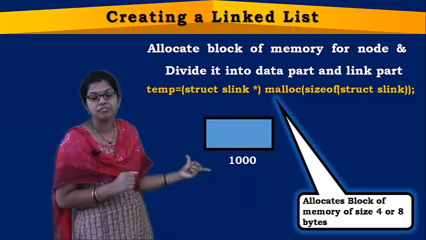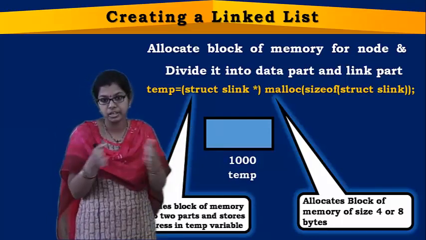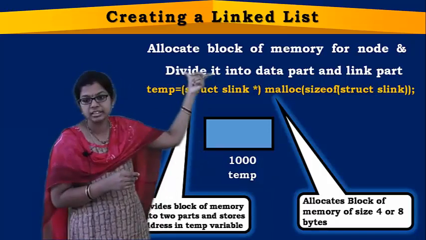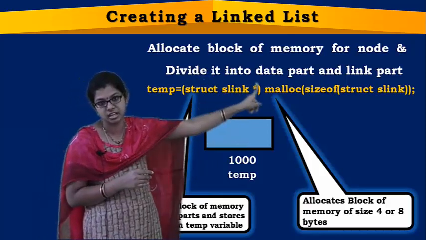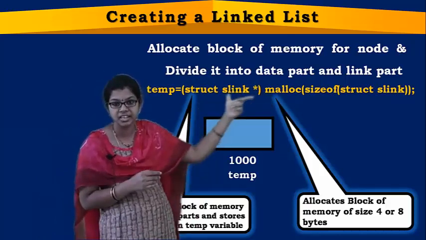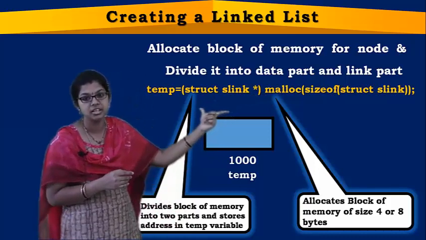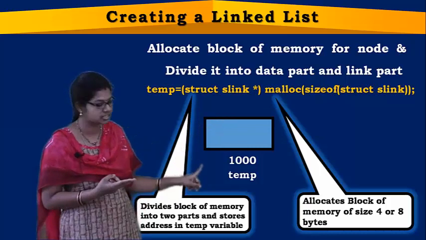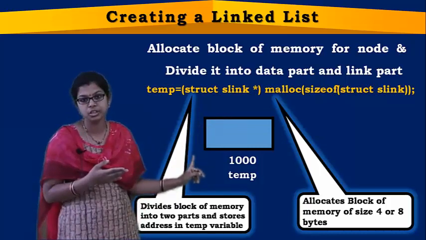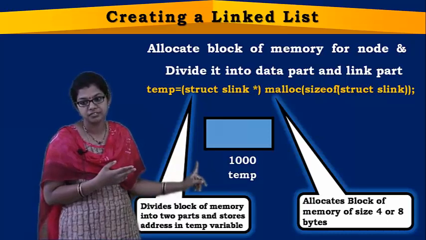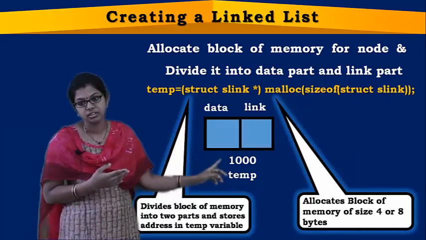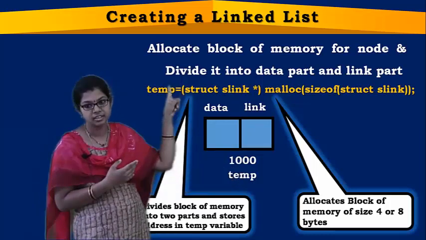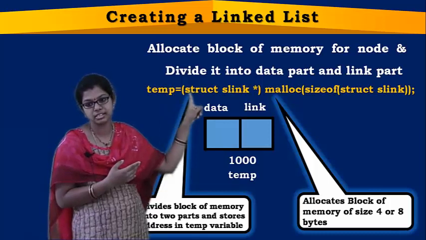After that, you have to divide this block of memory into two parts in order to use it, right? This is done by using a typecast, struct slink star. This block of memory is divided in such a way that it points to the structure members. Structure members are of two kinds, right? Data part and link part. In such a way, it is divided into two parts, one the data part and the other the link part, and this address is assigned to the temp pointer by using the assignment operator.